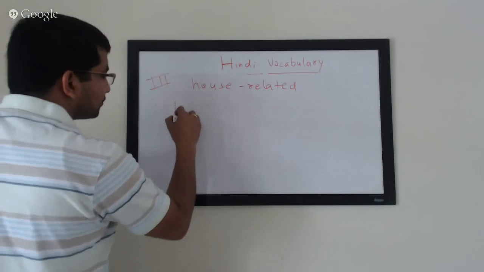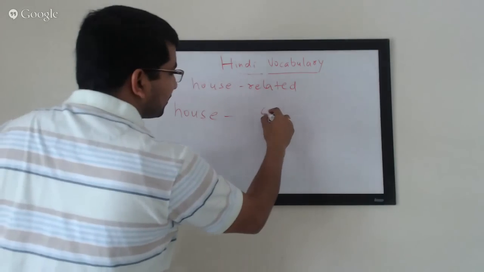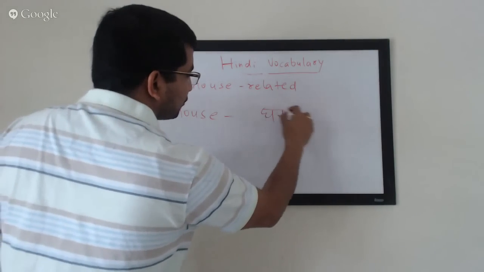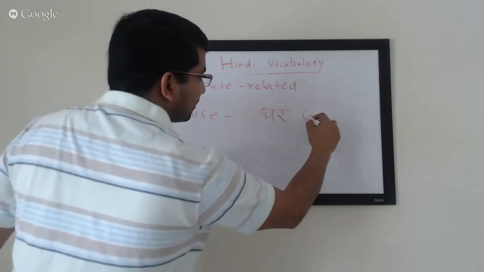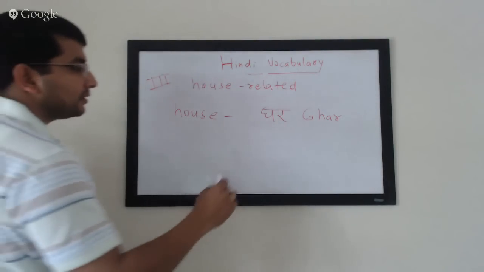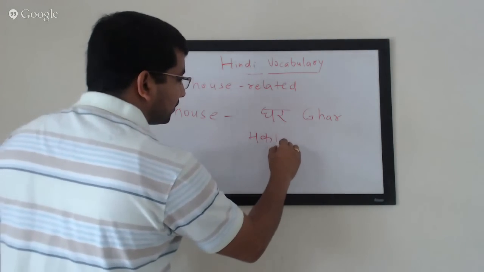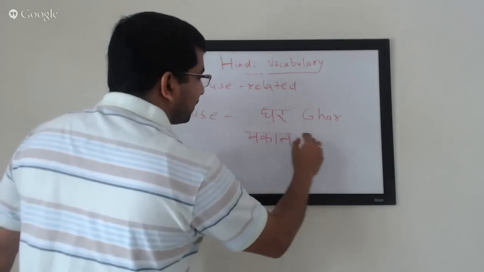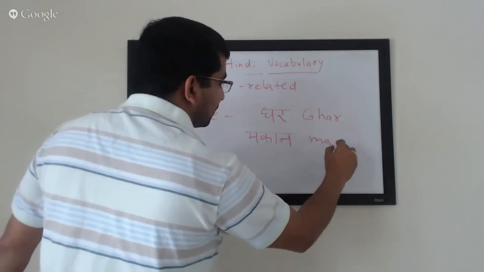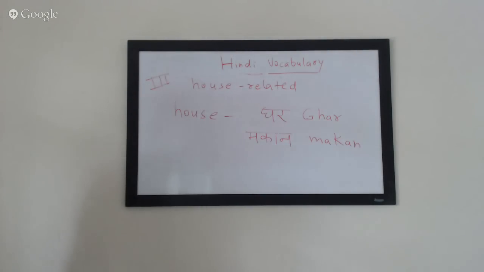The first one is house itself, and they have ghar. House can be known as ghar. It can also be known as makan. Makan, right?